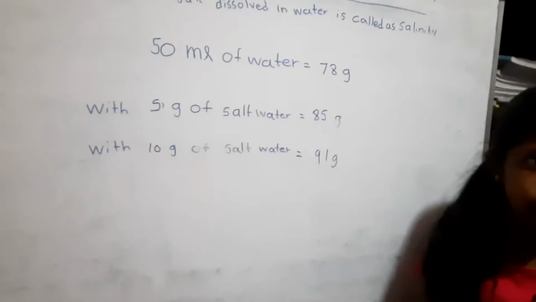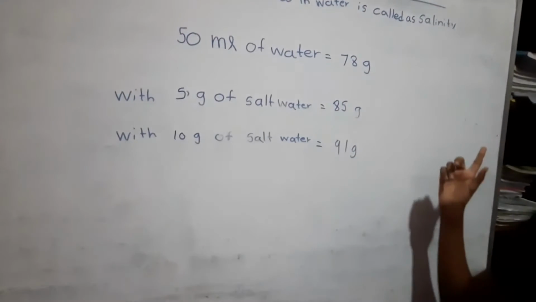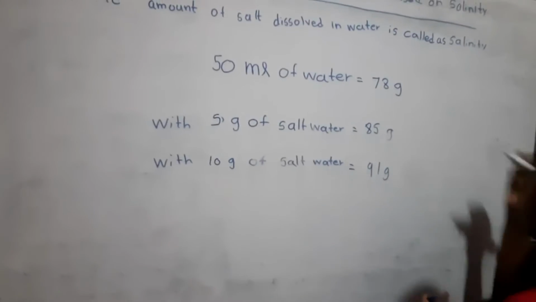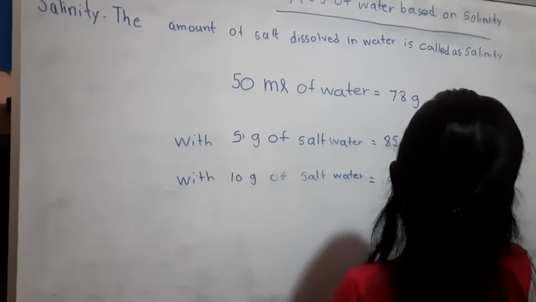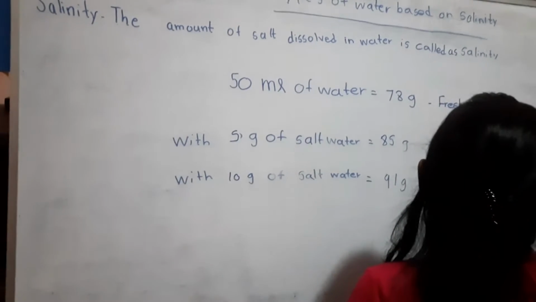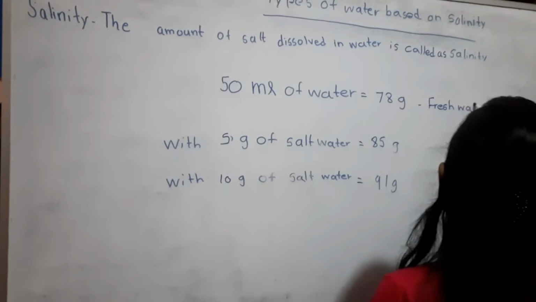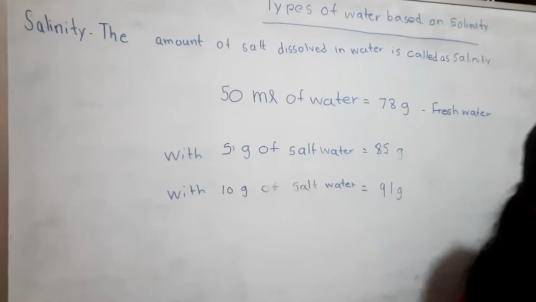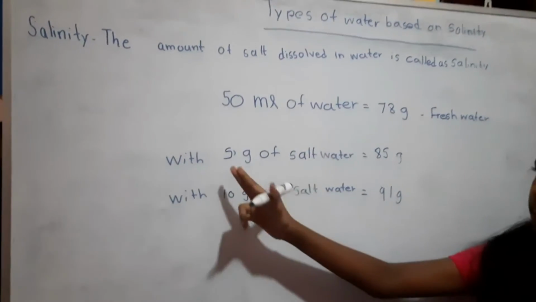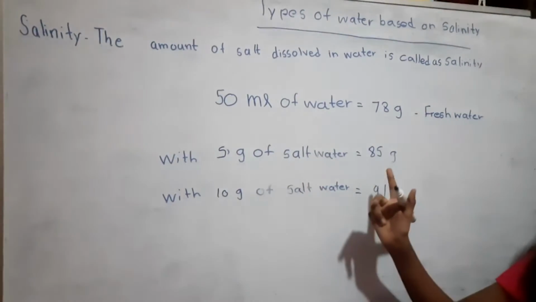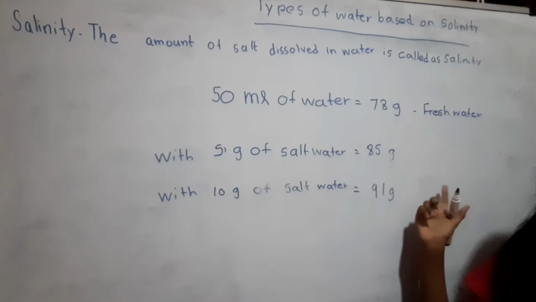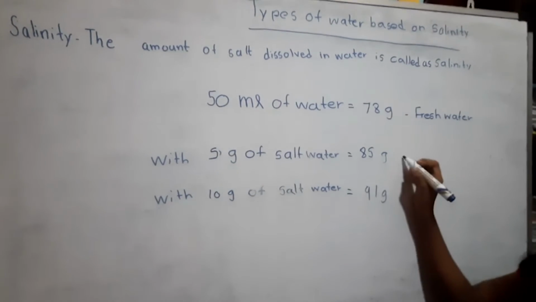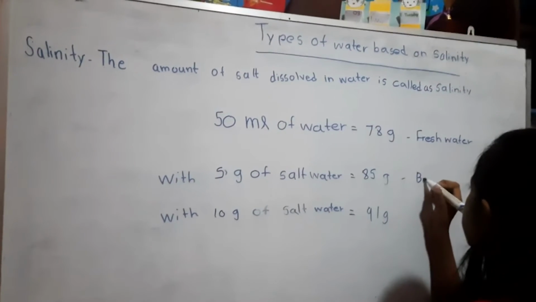So my conclusion is water without salt can be assumed as fresh water. Water with 5 grams of salt can be assumed as brackish water.